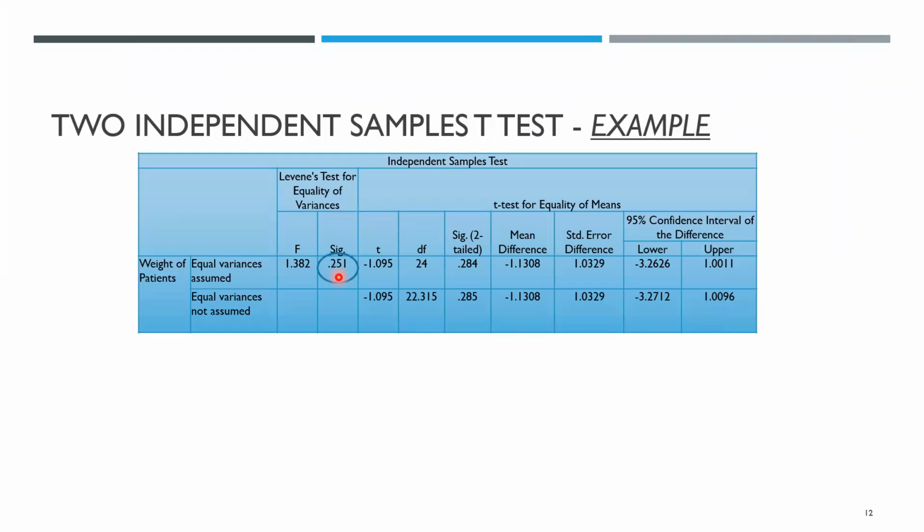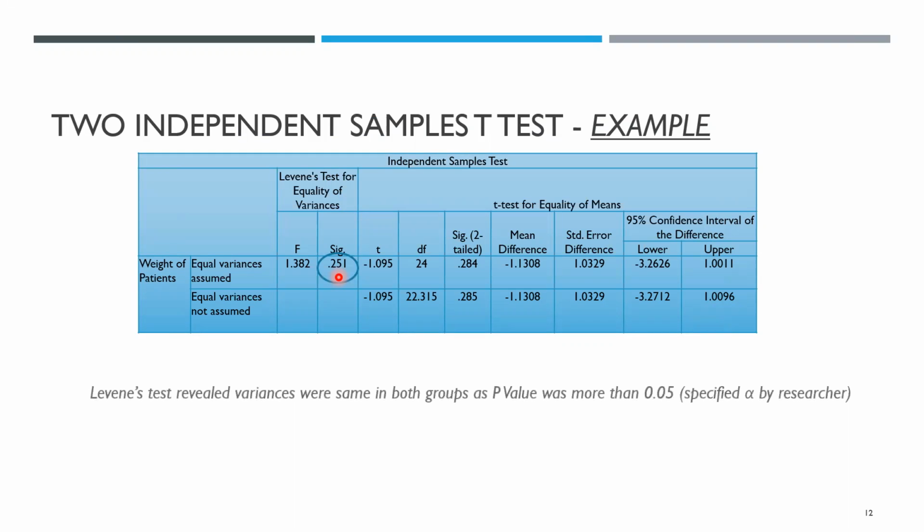Here, the p-value is 0.251, which implies that the variances were the same in both groups, because the p-value is more than 0.05. So when we have equal variances, we will use this p-value. If the variances are not equal, for example if we have a p-value less than 0.05, we will use the p-value given in the next row.